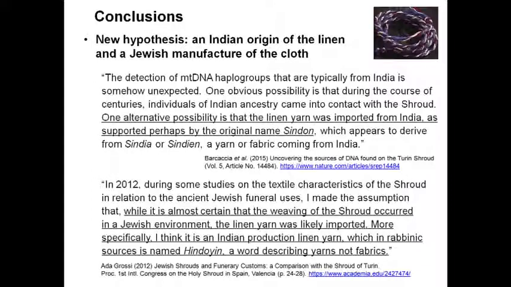I made the assumption that while it is almost certain that the weaving of the Shroud occurred in a Jewish environment, the linen yarn was likely imported. More specifically, I think it is an Indian production linen yarn, which in rabbinic sources is named Hindain, a word describing yarns, not fabrics. So different approaches, completely different strategies and studies, supporting a similar hypothesis.